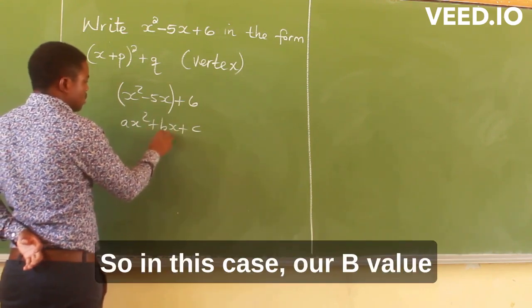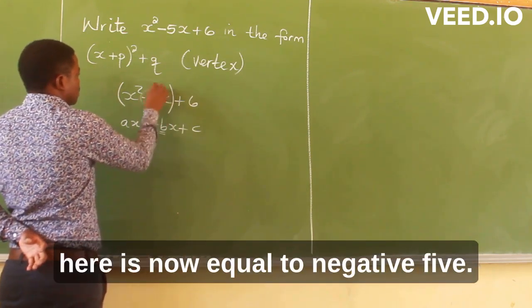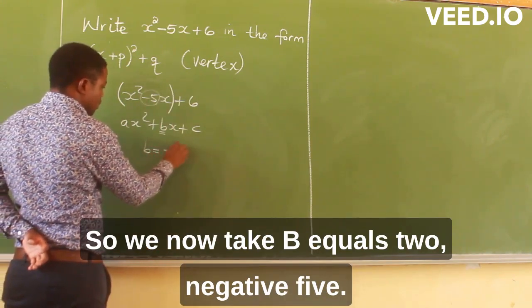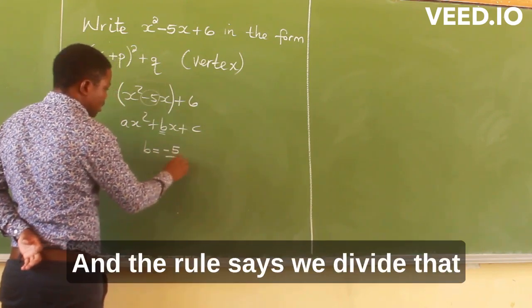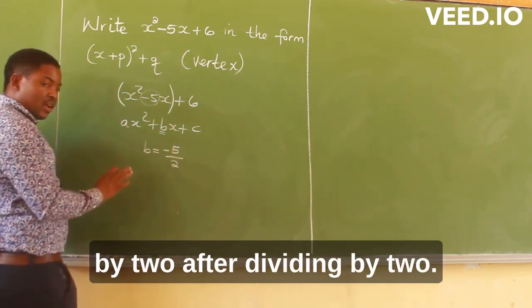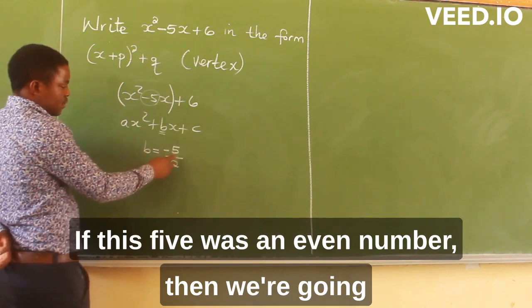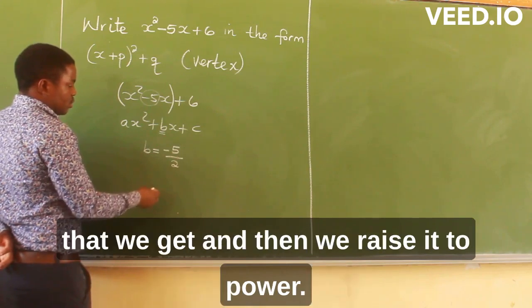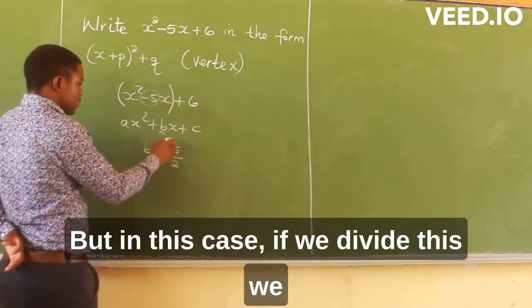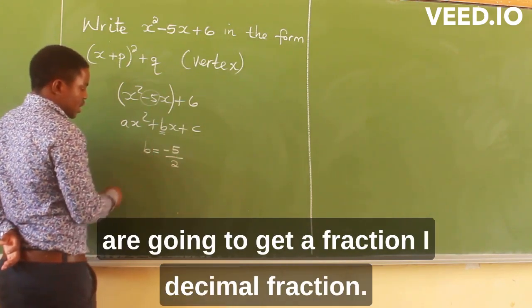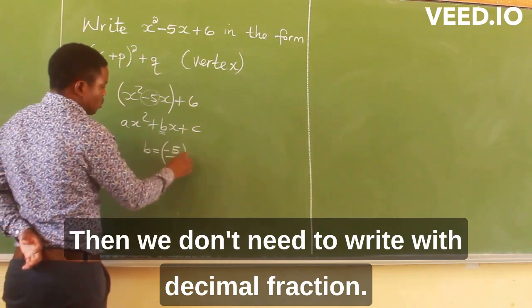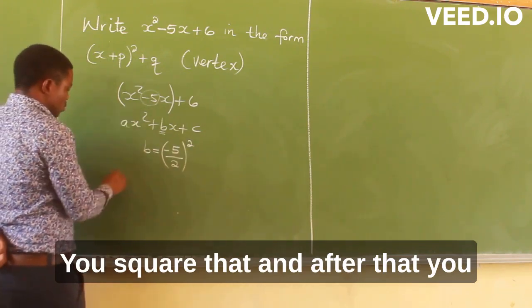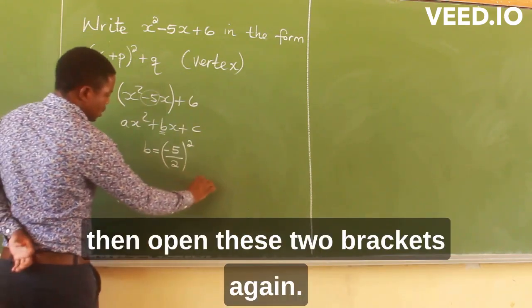So in this case, our b value is -5. We take b equals -5, and the rule says we divide that by 2, and then we square it. If the number were even, we would get a whole number, but in this case we get a decimal fraction, and we don't need to write decimal fractions. You square that, and after that you open these two brackets again.